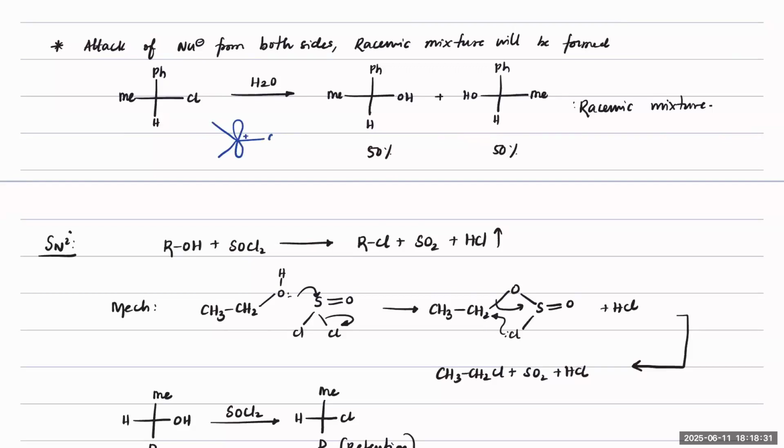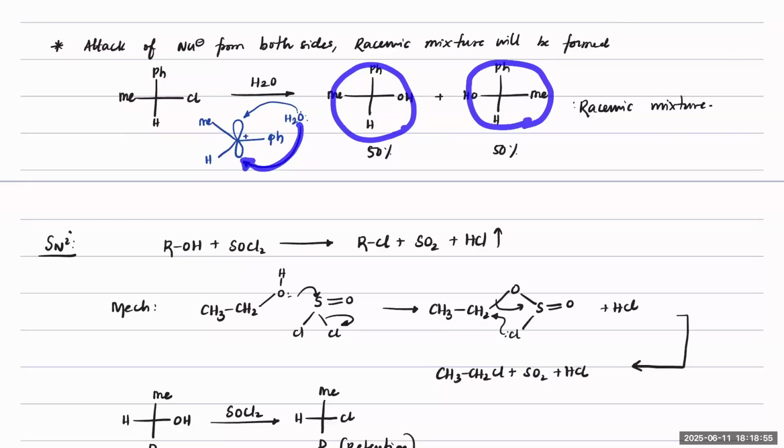You have phenyl here, methyl here, and hydrogen here, which gives water the possibility of attacking either from the top of the molecule or from the bottom. If it attacks from the top, possibly you might have R configured. If it attacks from the bottom, it might have S configured. And what are the chances? 50-50%. Therefore, we end up getting a racemic mixture in this case. So SN1 proceeds via racemic mixture.